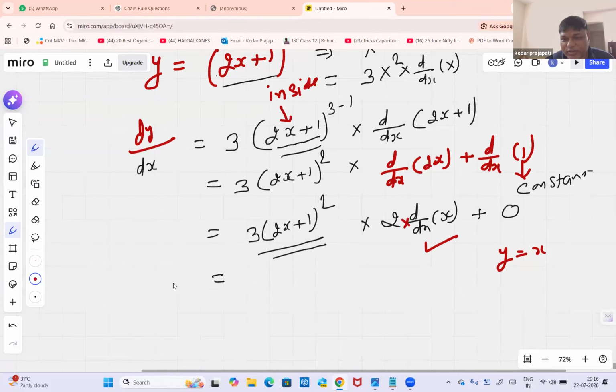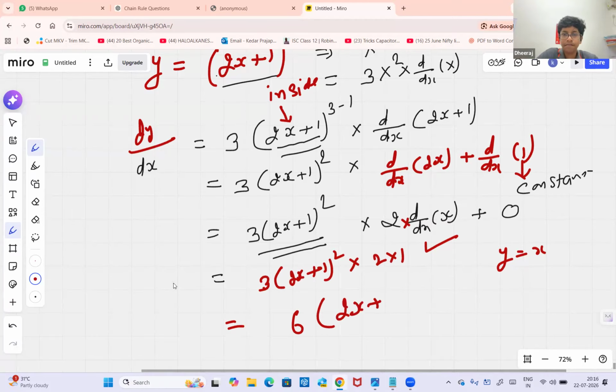So either you can write dy by dx or d by dx of x. So 1. So it will be 3 (2x plus 1) whole square into 2 into 1. Now the answer came: 3 into 2, 6, over (2x plus 1) whole square.